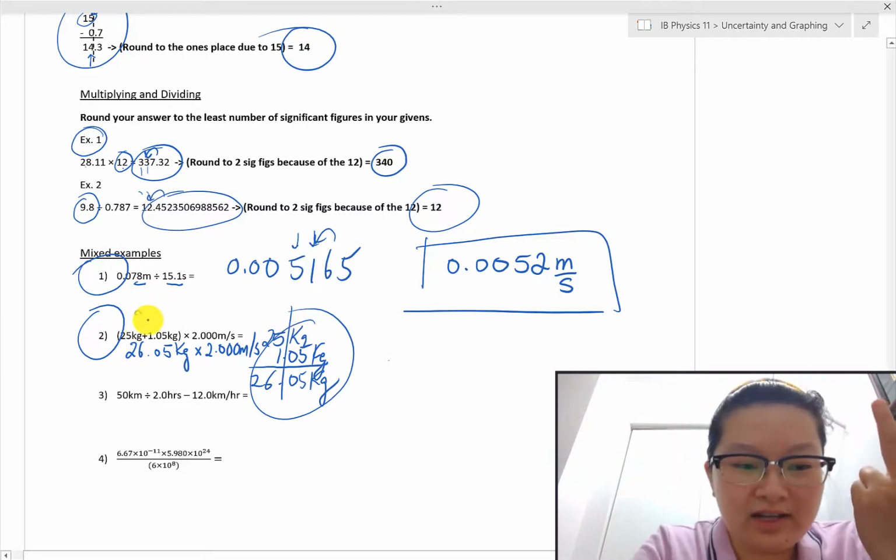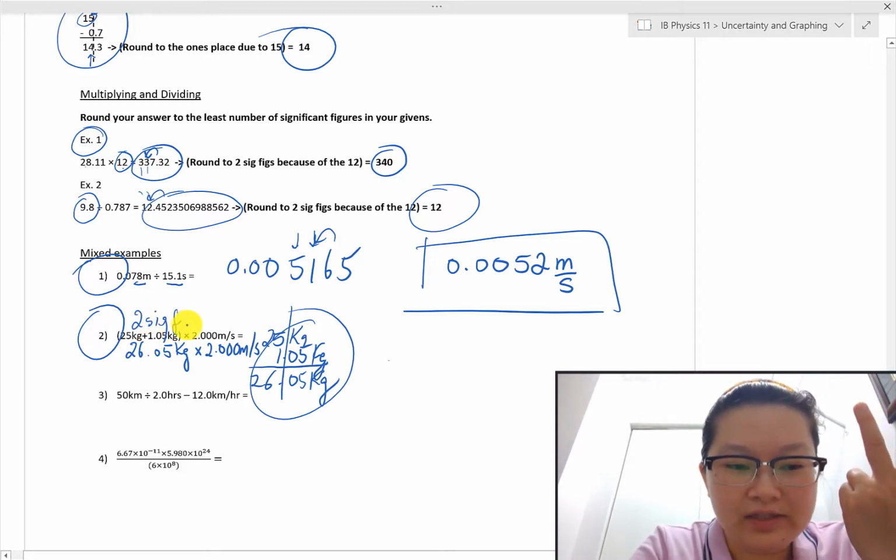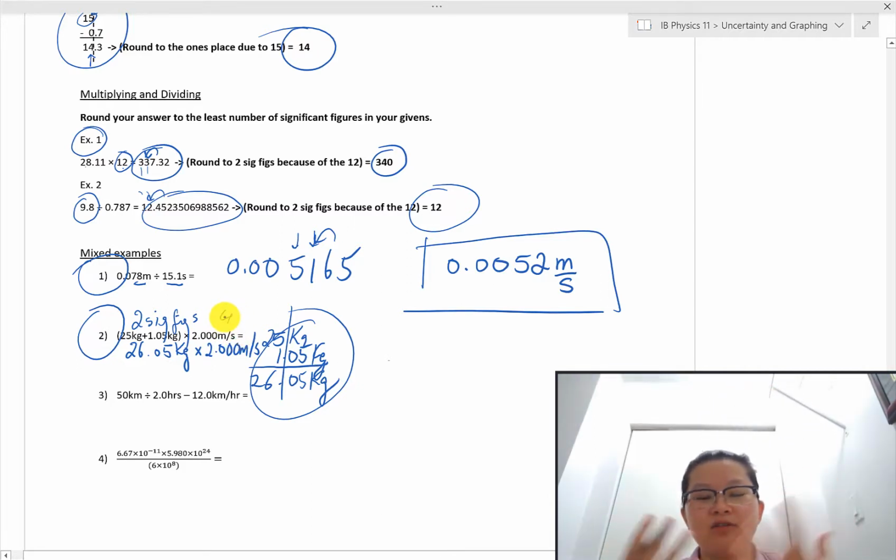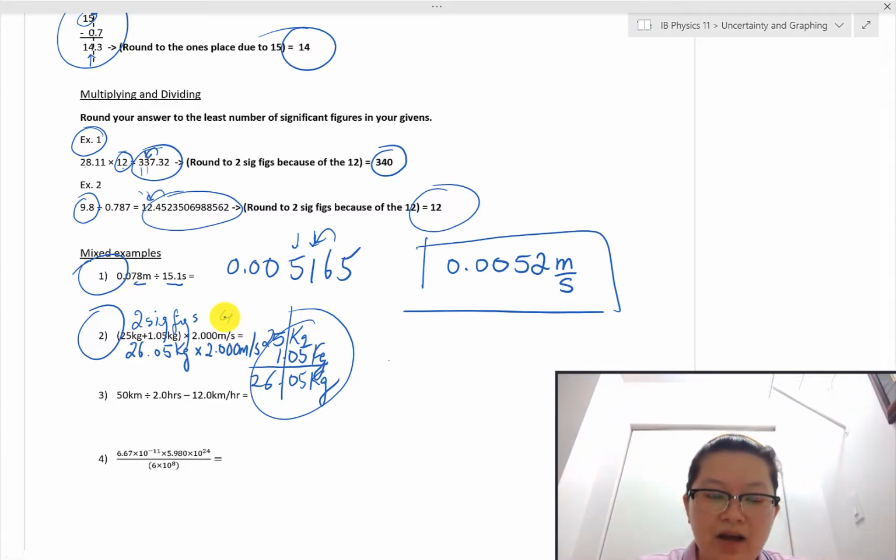So technically here I have 2 sig figs equivalent. And the 2.00000 meters per second, that is 6. So when I multiply the 2 numbers in the next step, I am going to need to round my answer to the nearest 2 significant figures.